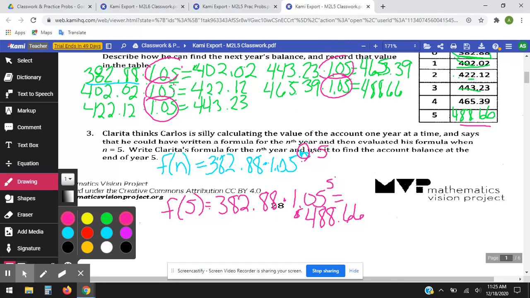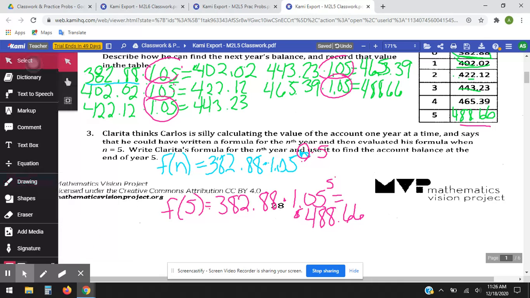So Clarita's works the same way as Carlos's, but we're utilizing that explicit formula that we use when we're making geometric sequences.